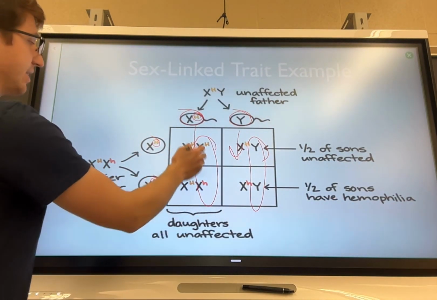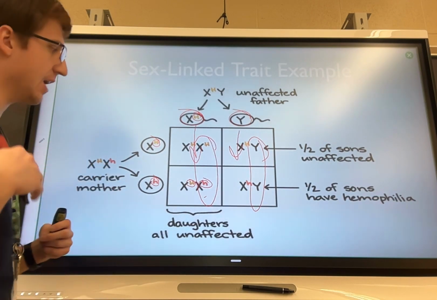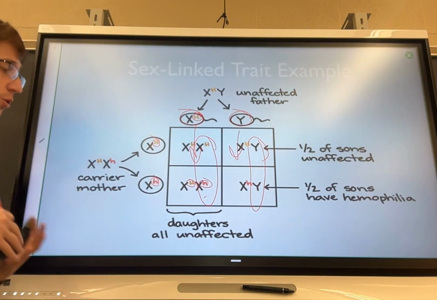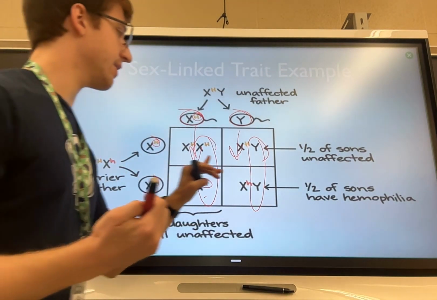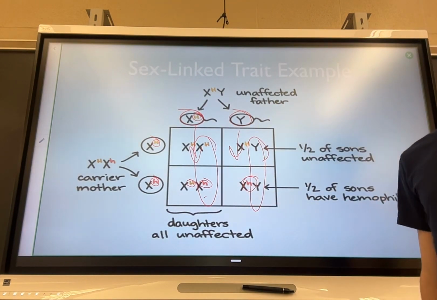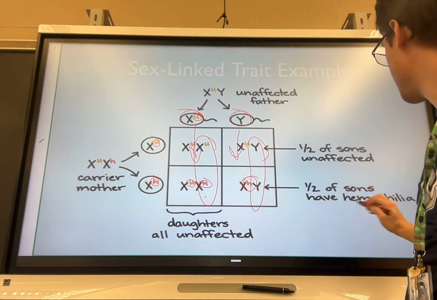In this one we have a heterozygous individual, so they have the trait, but they are not going to be affected. In the boys, however, one of them has a recessive allele and a Y chromosome. If you have a Y chromosome, that means that as long as you have one trait, you are going to get it. So, for example, this one says hemophilia.